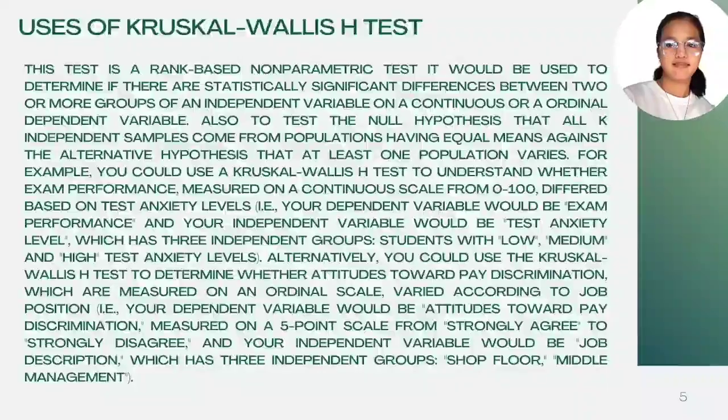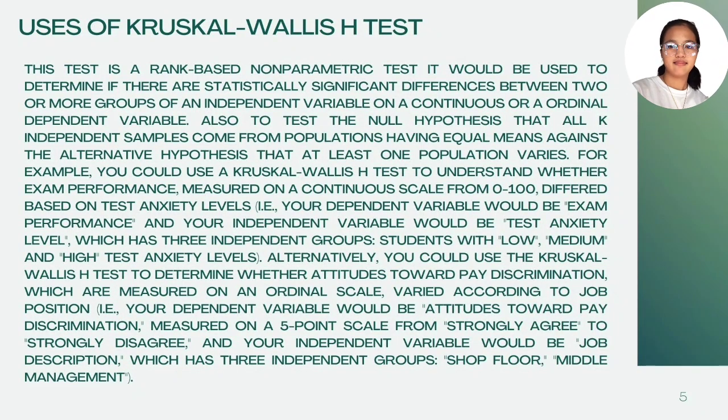Hello everyone. I will be reporting the uses of the Kruskal-Wallis H-test. This test is a rank-based non-parametric test. It is used to determine if there are statistically significant differences between two or more groups of an independent variable on a continuous or an ordinal dependent variable. It is also used to test the null hypothesis that all k independent samples come from populations having equal means against the alternative hypothesis that at least one population varies.